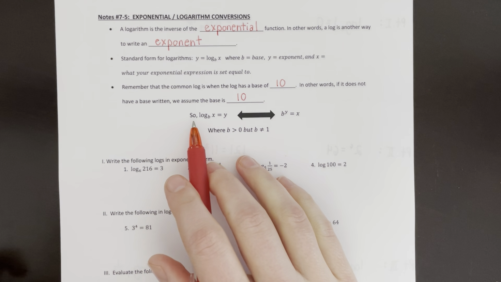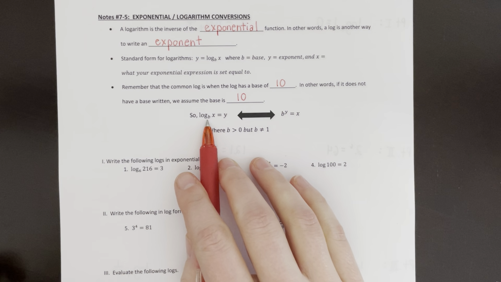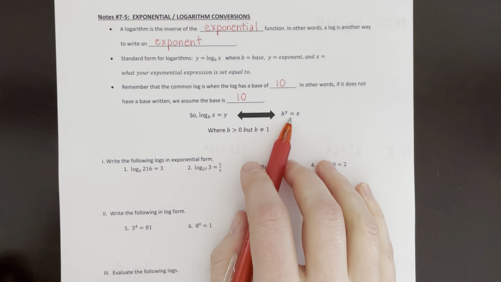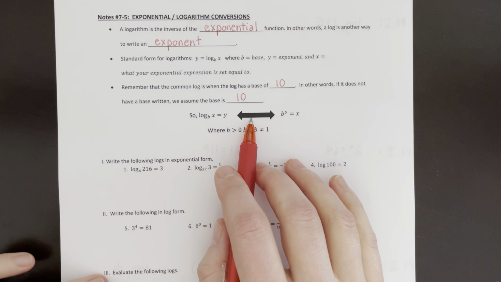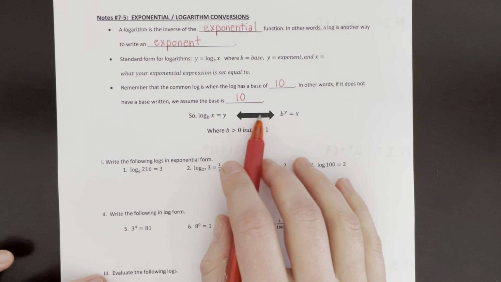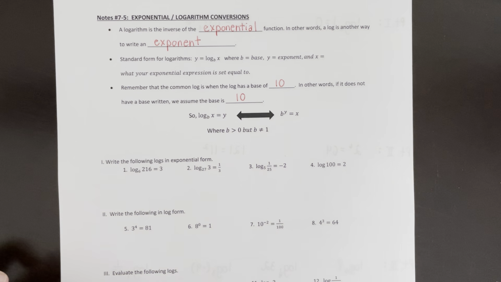So here's our conversion formula to go back and forth between a log equation and an exponential equation. I use what's called the heart method. You might hear other teachers using a swirl method or the Nike swish. There's all different types of methods, but what I'm going to show you today is called the heart method.